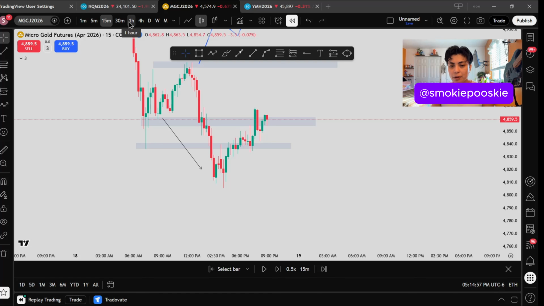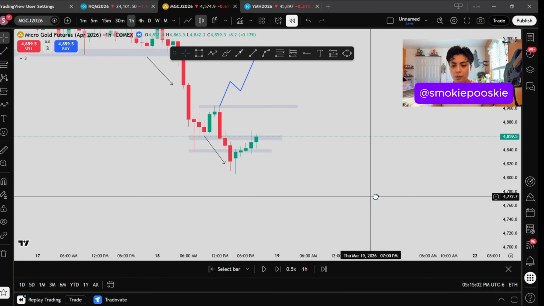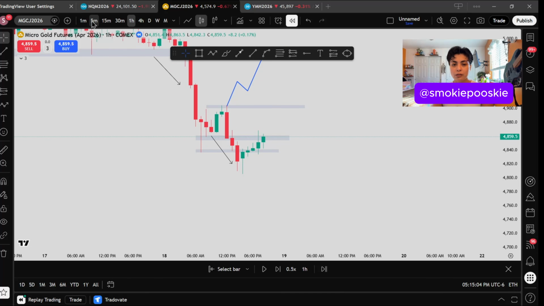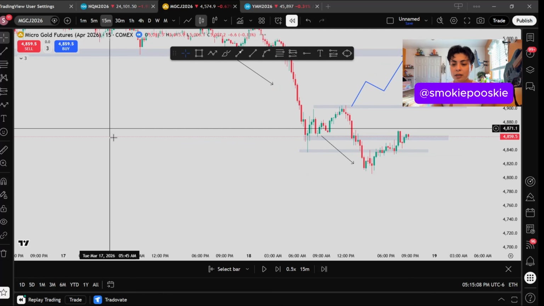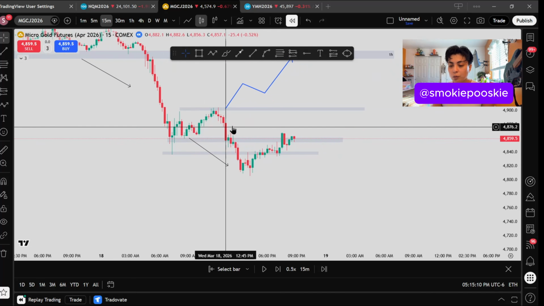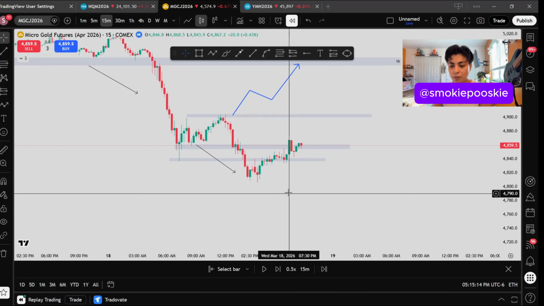I guess I skipped that part, but once I was down on the 1 hour, we have that indication. We tried to go down to the 5-minute to look for a scalp. We didn't get it. So what we do now is we just monitor it on the 15-minute time frame.